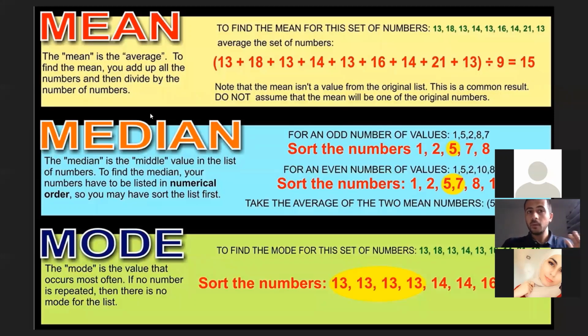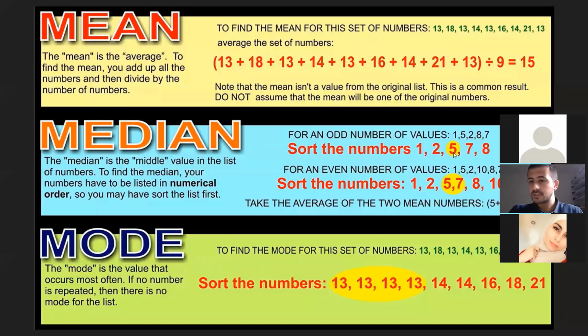Okay. If you agree, the mean is affected by the outliers. Those numbers that are quite low or quite high affect the mean, but they can't affect the median. Why? Because in the median, I'm just ordering them and I'm taking the middle number.